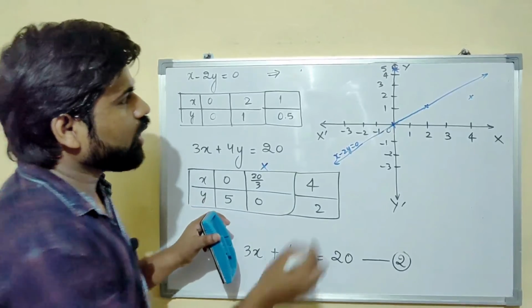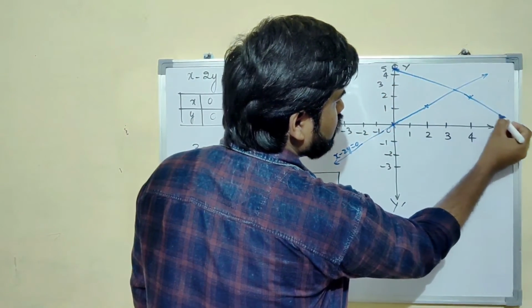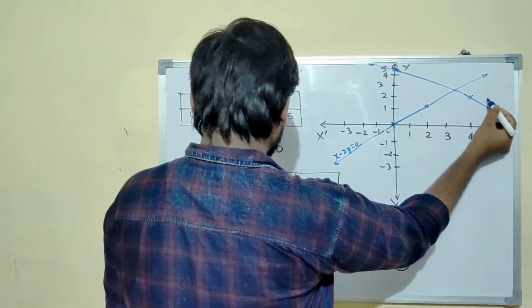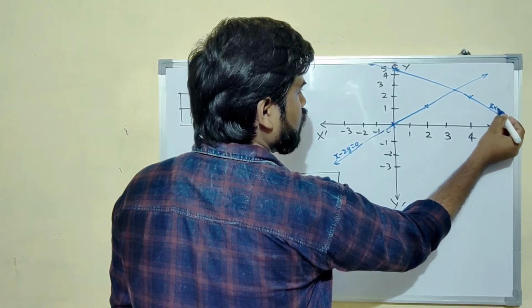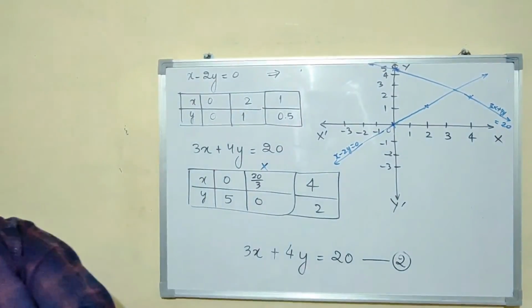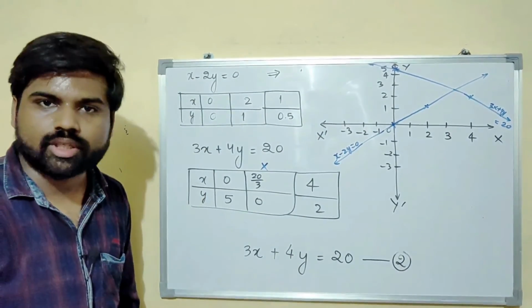So let us join the points. This will be a straight line, and mention the name of the equation here, 3x plus 4y equals 20. Now this is the representation of the situation geometrically.